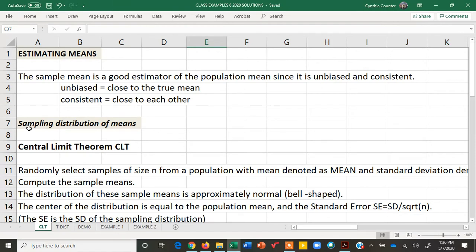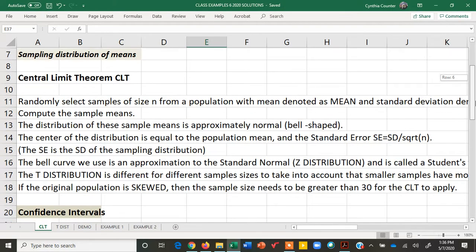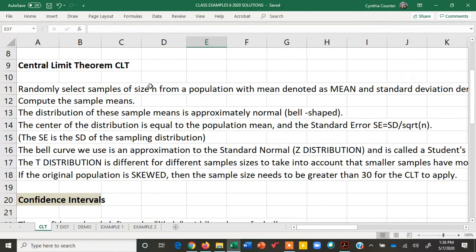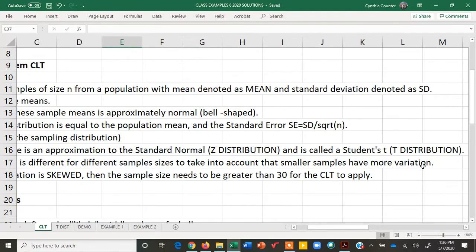So let's now talk more specifically about a distribution of sample means, or the sampling distribution of the mean. This is the central limit theorem. It talks about what the sampling distribution of the mean is. So the central limit theorem says, suppose you randomly select samples of size n from a population, and it can be any shaped population, with the mean, I'm just denoting it as Mean in uppercase, and a standard deviation, I'm just denoting as SD in uppercase.